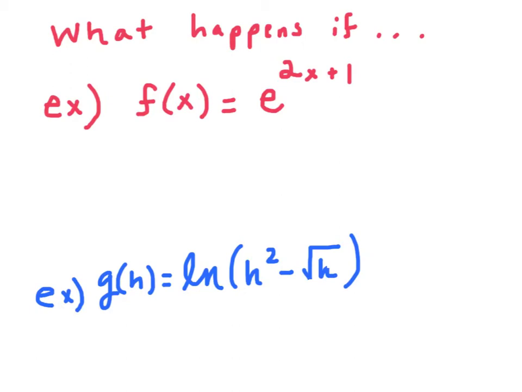Okay, so this is how our e function and our ln function uses chain rule. If you look at this example that I've given, you notice that all of a sudden it's not just e to some power. It's e to the 2x plus 1 power.